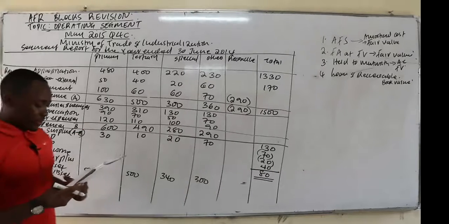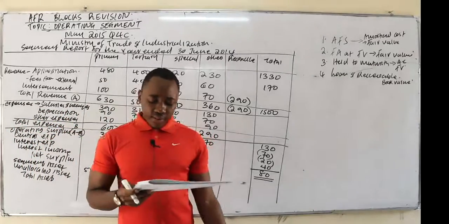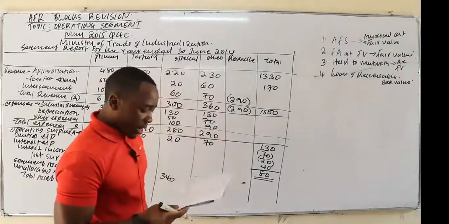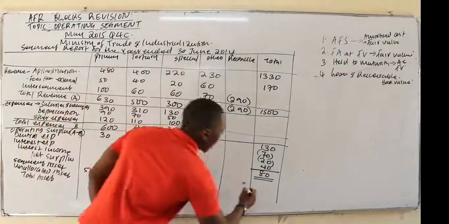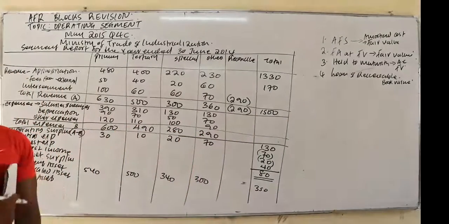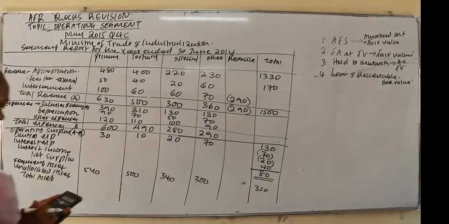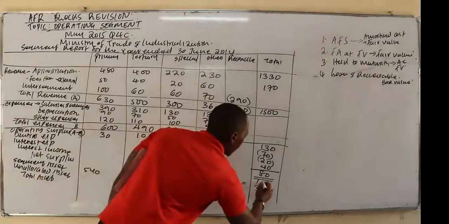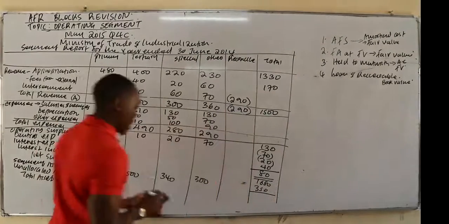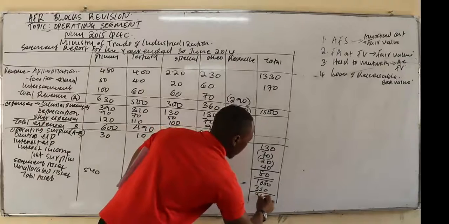So can we go to note number 3? Unallocated central assets and unallocated liabilities amounted to 350 and 400. So unallocated asset, we had 350. So we add the total. You have 1680. 1680, you add 350, and the total assets will be 2030.